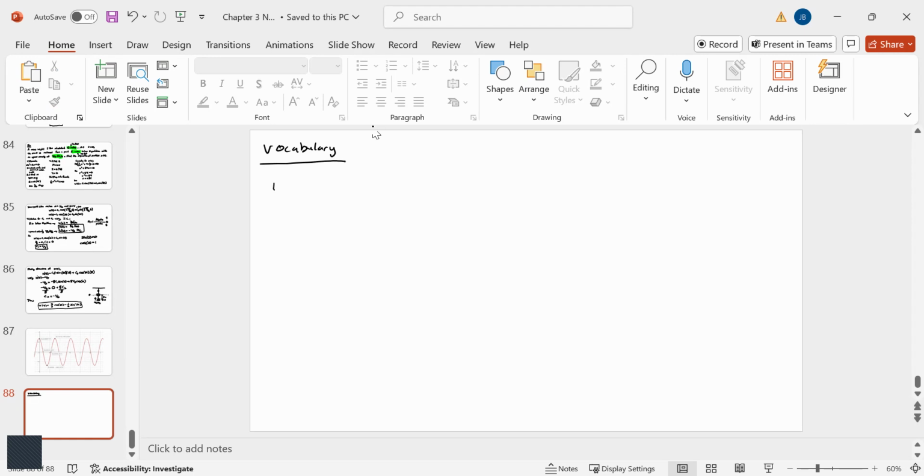So the period of motion is the time for one complete cycle, defined as T equal to 2 pi over omega.